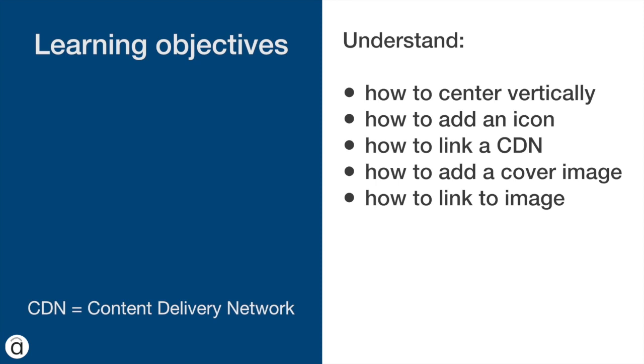So what we've done, we've centered the black box vertically, we've centered it horizontally, we've added the heart icon, we used a link on cdnjs.com, CDN standing for Content Delivery Network, and then we added a background cover image from unsplash.com by using the link to their website, not downloading the image. I showed you how to do all that as well.